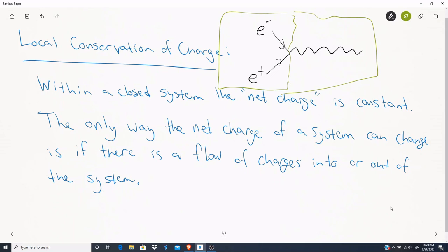So in this case, you have charge being destroyed, but the net charge didn't change. Okay? So the upshot of the local conservation of charge is that charges can be created or destroyed, but if they are created or destroyed, it always has to be done in such a way that the net charge, or the total charge of the system, does not change.